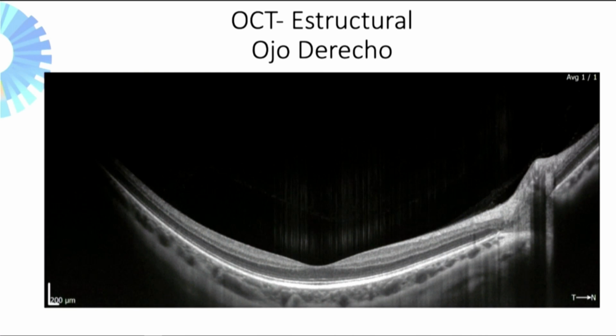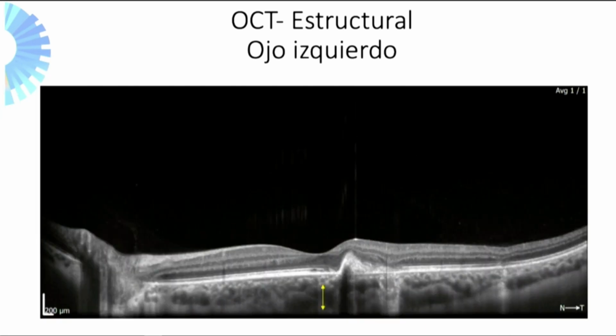We see the structural mode B OCT. This is a bi-scan, 12 by 12. We see increased thickness of the choroidal layer vessels with some compression of the choriocapillaris layer. The remaining external and internal retinal layers are normal.